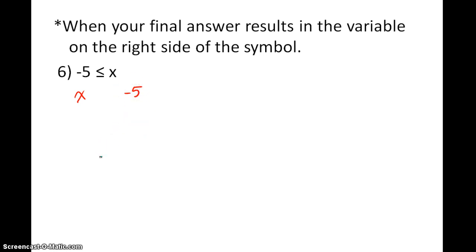So you not only switch the variable and the number around, but you also have to switch that symbol around too. So right now that bigger end is facing the x, so I have to have the big end facing the x still. If you think of it as an arrow, that arrow is pointing towards the -5, and so it still is in the result. It's pointing towards the -5.